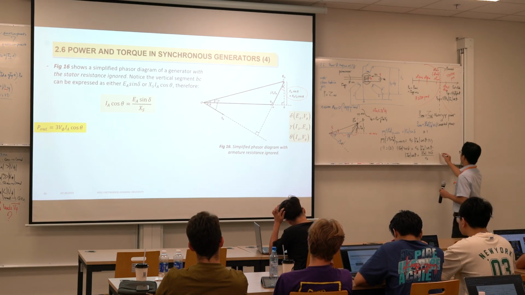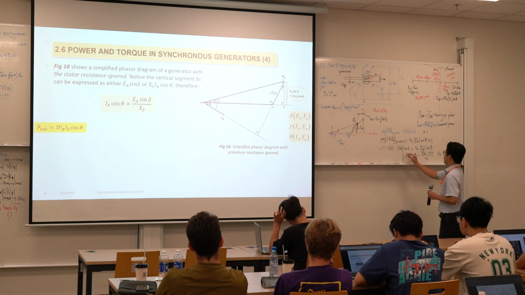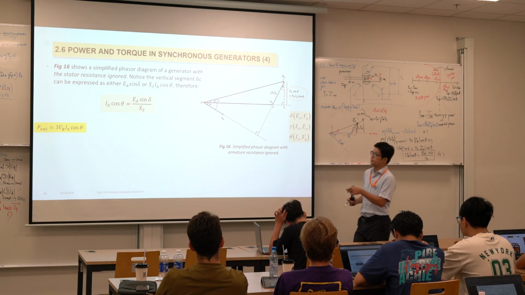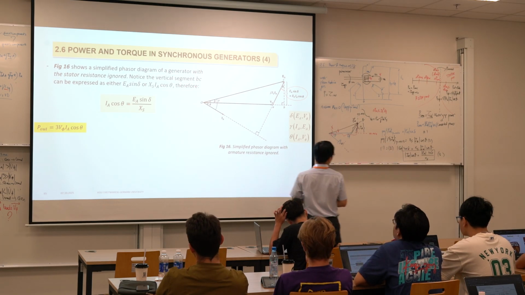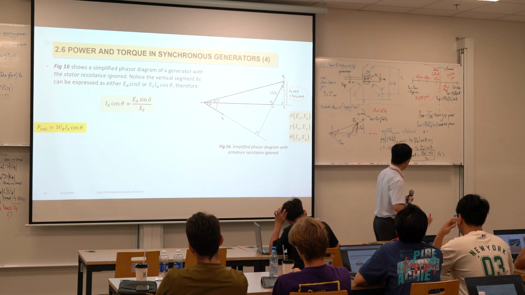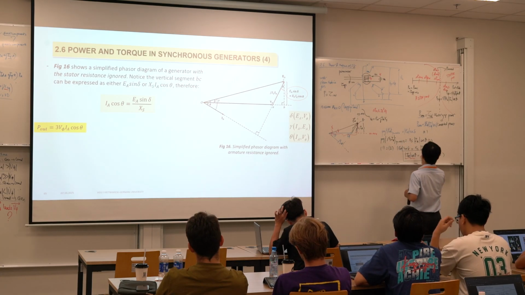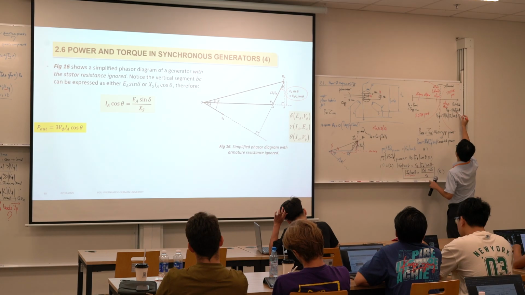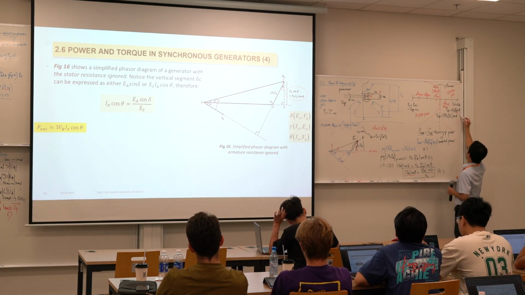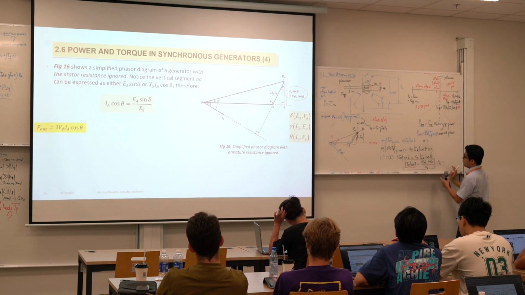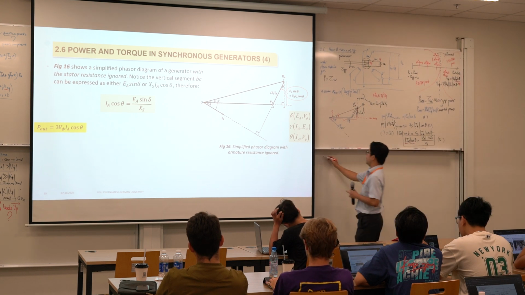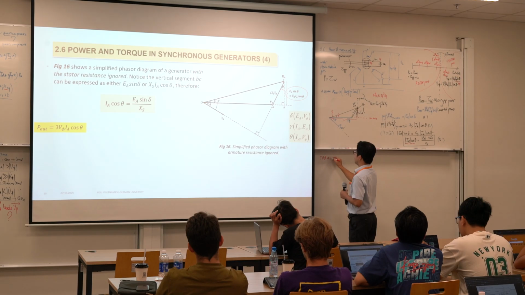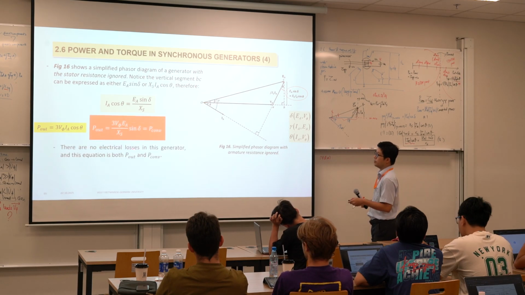So now we get number 3, this formula. Here we have IA cosine theta also, number 4. If you combine number 3 and number 4, you can get this one.